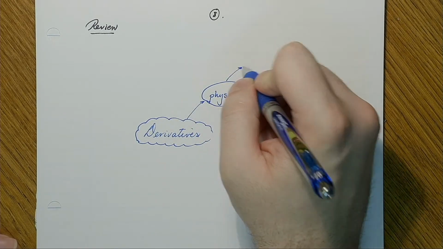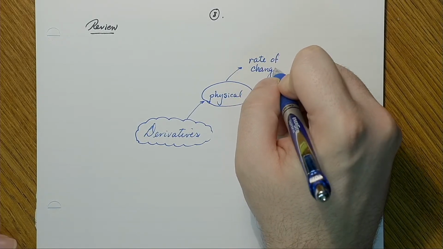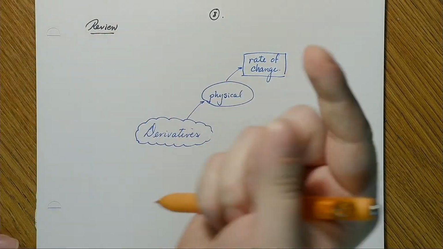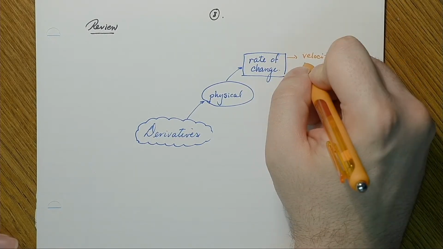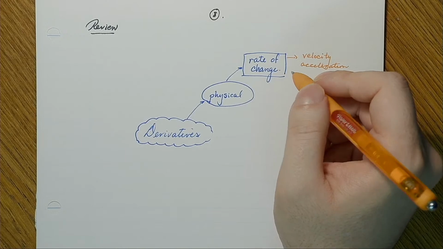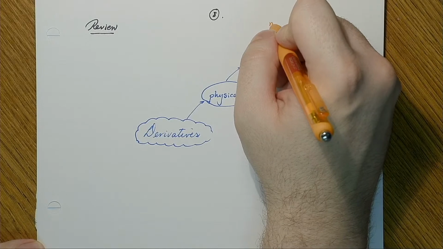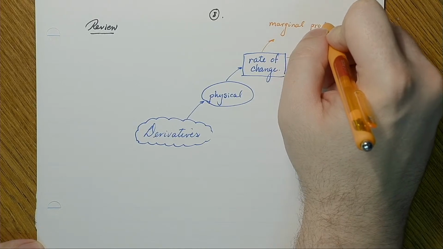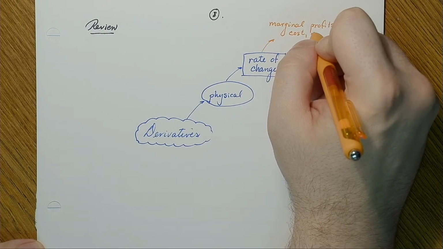And so those are things like rates of change, not necessarily the velocity or the acceleration or the jerk or the snap, crackle, and pop, but probably you're more interested in terms of marginal profits, the cost or the revenue.